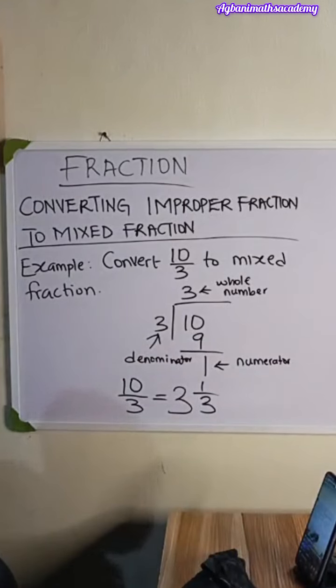Okay, so let's go back to the class. So 2 times 1 gives us 2, plus 1 gives us 3 all over 2. Let's try another one. 7 whole number, 2 all over 3. So we have 7, we have 2, we have 3. So in between 3 and 7, we have multiplication.